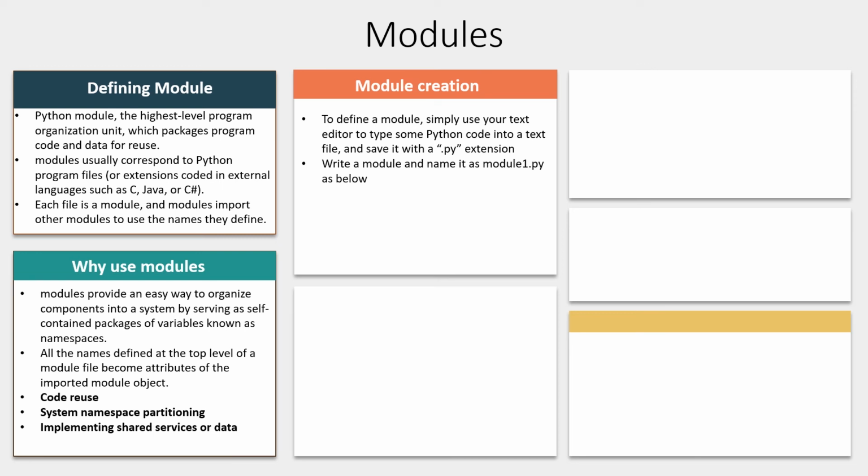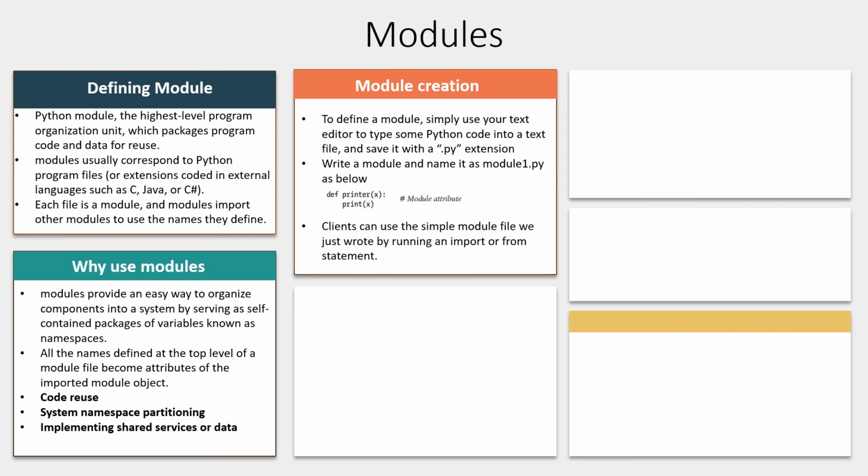Whatever name you want to give, you can give it. But you have to follow the same rules that you follow to write a variable name inside Python. And clients can use the simple module file we just wrote by running an import or from statement.